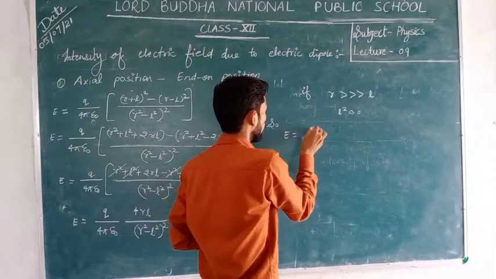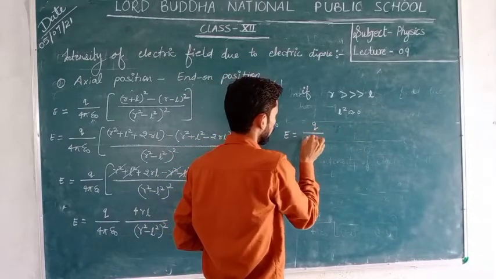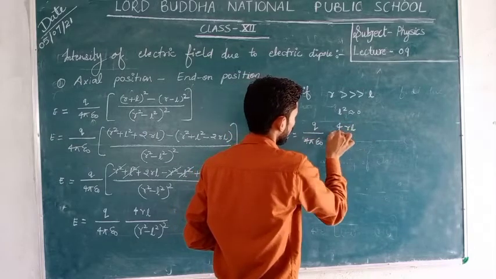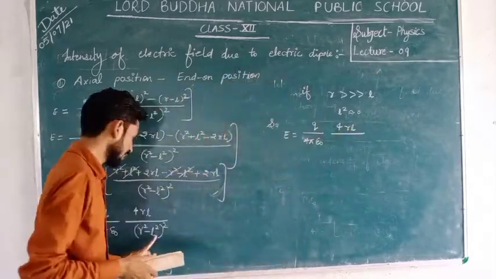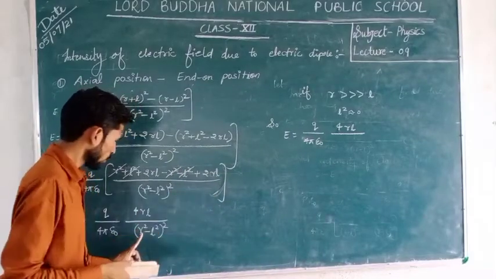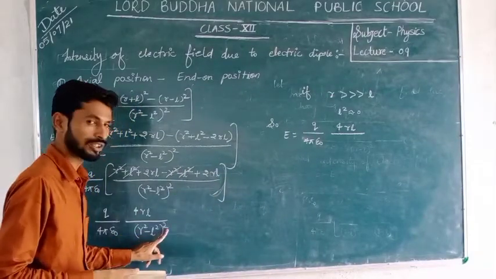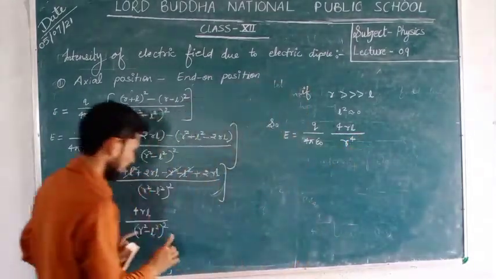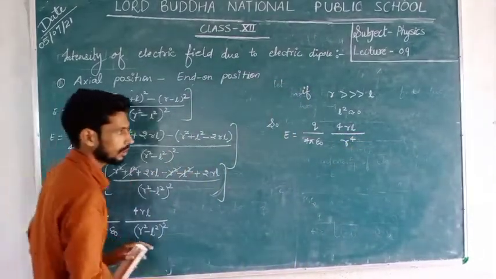So E equals q upon 4 pi epsilon naught 4rl upon, in place of this l square we can write 0. So here will be r square, and also take the square. So it will be r to the power 4 from this term.